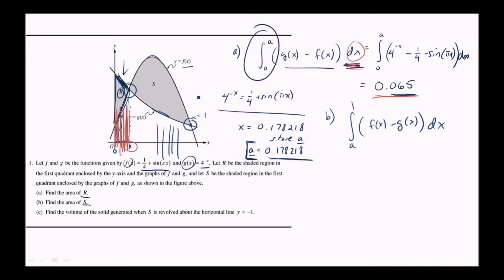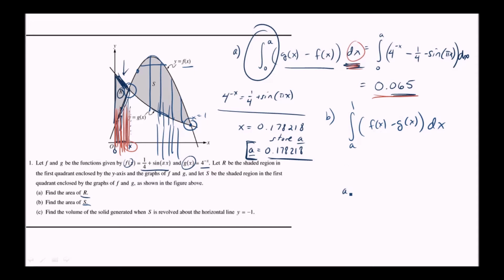We don't want to integrate with respect to y, because here we would be integrating from the same function to itself, and that can't happen. This would be from f to f. As such, we integrate with respect to x so that we have f to g in all places in area S.